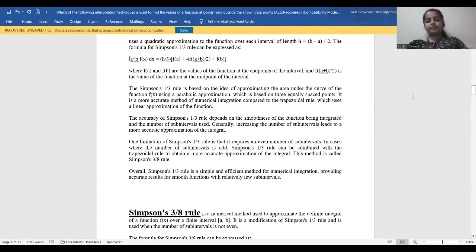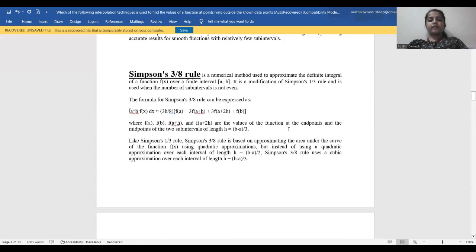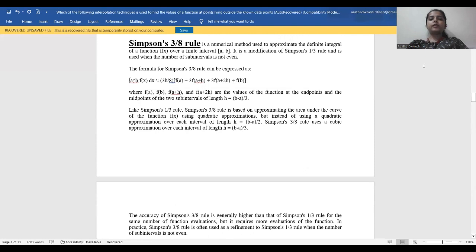Next, we have Simpson's 3 by 8 rule. It is a numerical method used to approximate the definite integral of a function f of x over a finite interval a to b. It is a modification of Simpson's one-third rule and is used when the number of subintervals is odd.